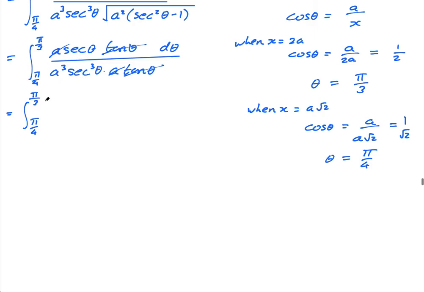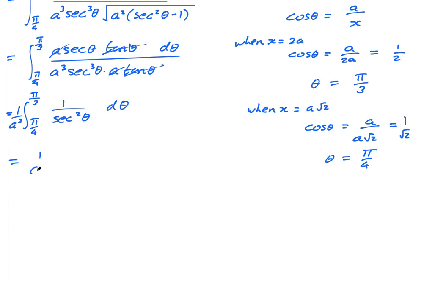A cubed is at the bottom, so you can take out that a cubed. So it's 1 over a cubed at the bottom. And then it's 1 over sec cubed theta. No, sorry, sec squared theta. So it's 1 over sec squared theta d theta.